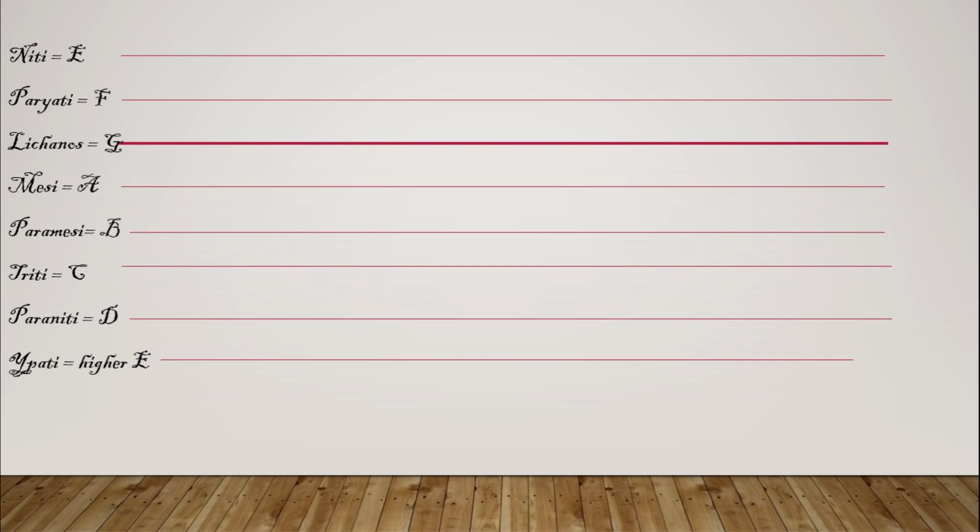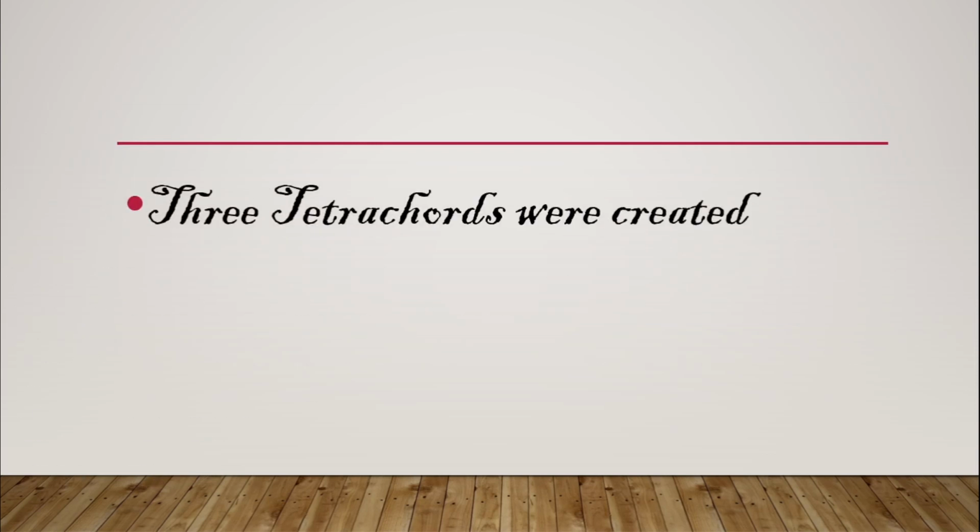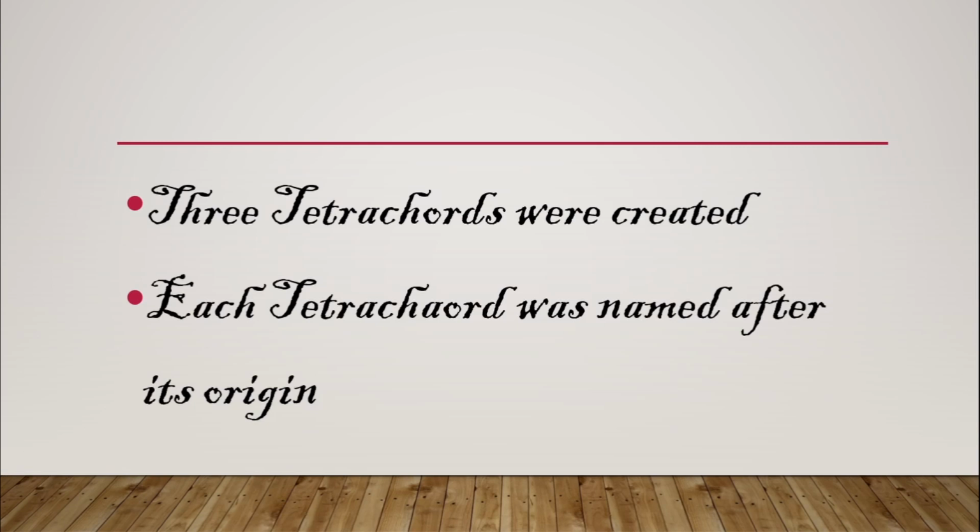The world had to wait for another couple of centuries until the well-tempered tuning came up, which deserves a video in its own right. We assumed that the natural method of tuning was used. This means tones and semitones as steps were not all equal, but varied slightly according to their position in the three tetrachords that were created, and each tetrachord was named after its origin.